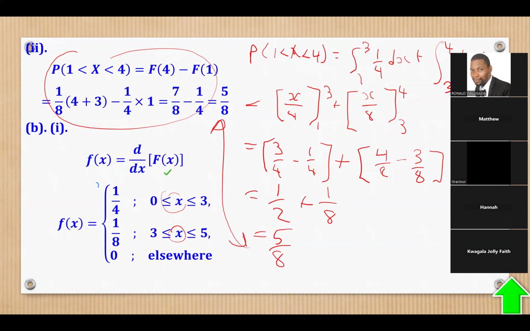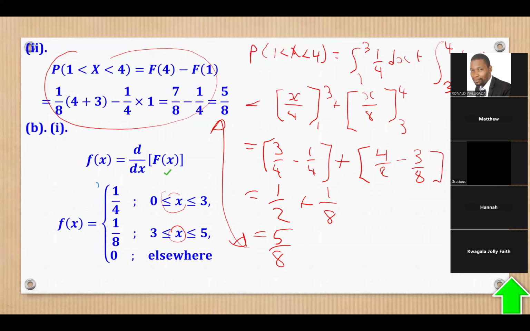That confirms the statement I wrote that deciles, median, quartiles, percentiles and probabilities can be got from either small fx or capital Fx. If in the question they are giving you small fx, you don't need to convert to capital Fx to get a median or a probability. Just deal with it. Know that for small fx, I integrate.